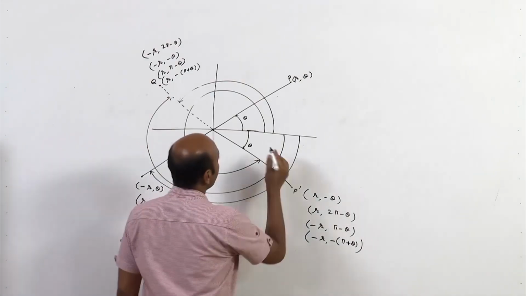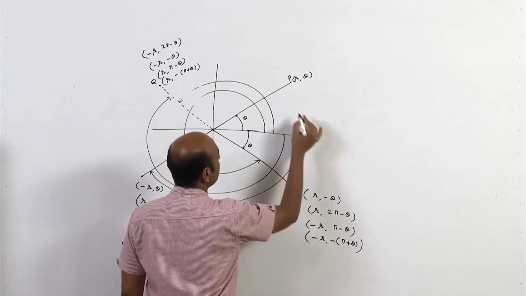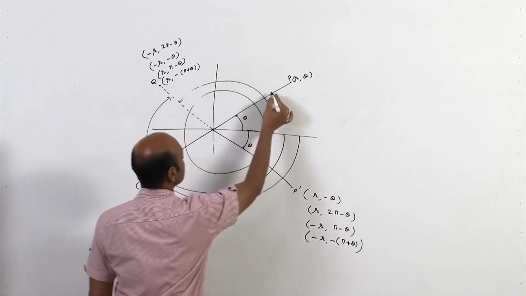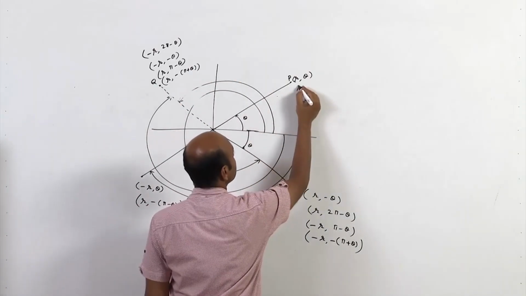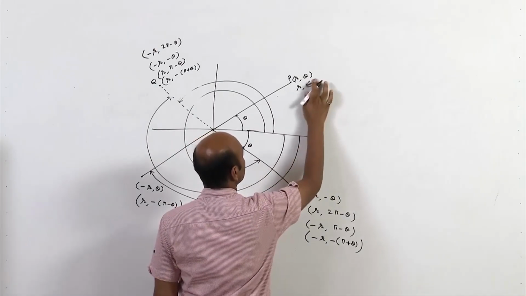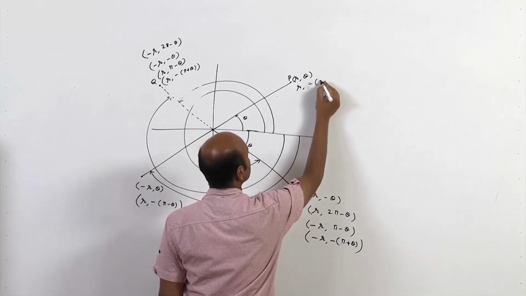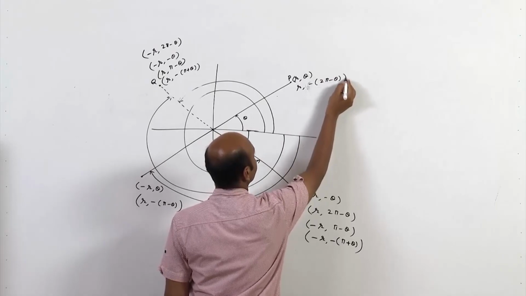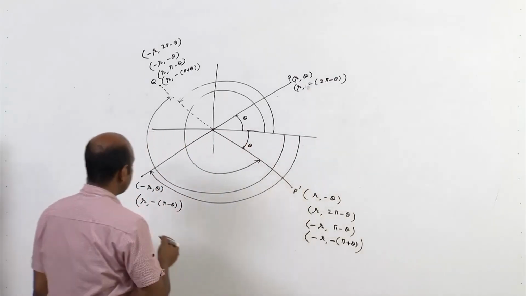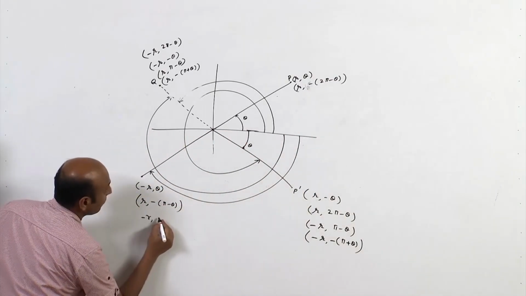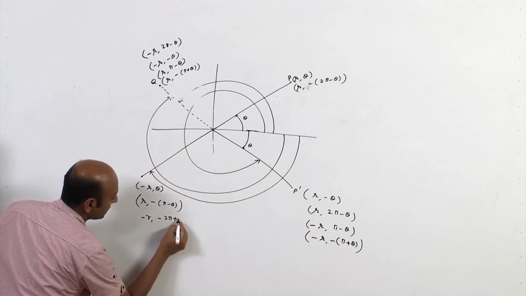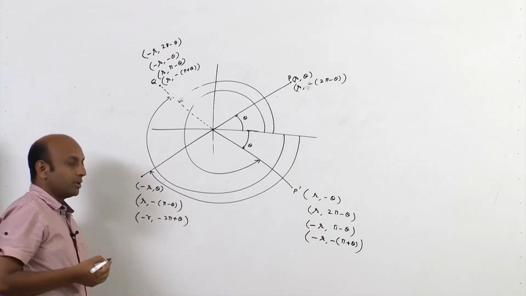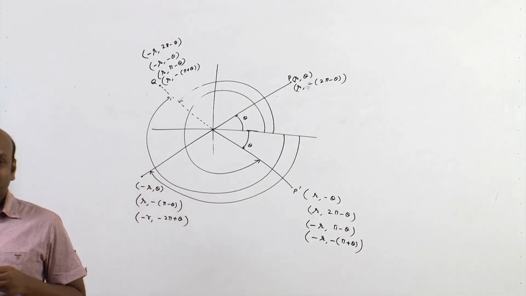You see, if at this point you come from this side, then it is 2 pi minus theta. So, it is r comma minus 2 pi minus theta, and the representation of this point will be minus r comma minus 2 pi plus theta. Okay.